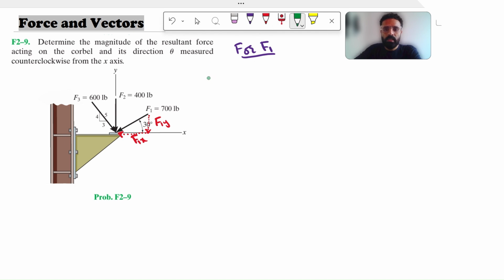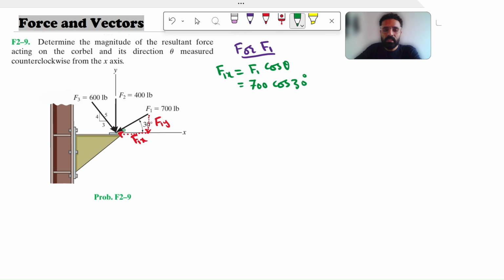So I will be applying cos theta for the x component. F1x will be equal to the resultant times cos of theta. Putting the value of the force, which in this case is F1 for these two components, the F1 value is 700, and theta is 30 degrees.